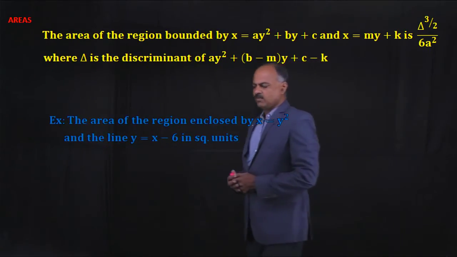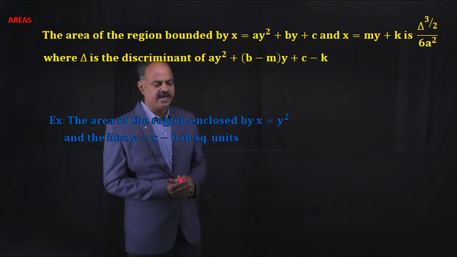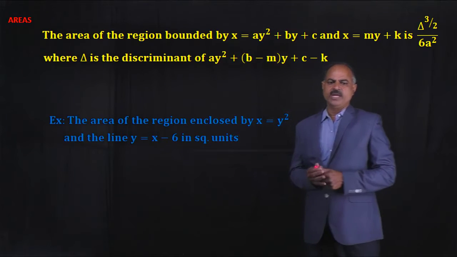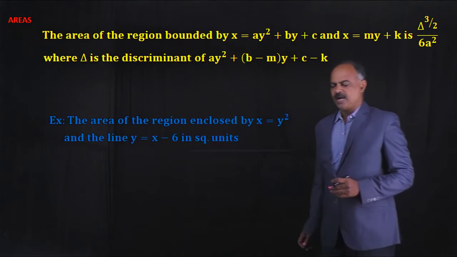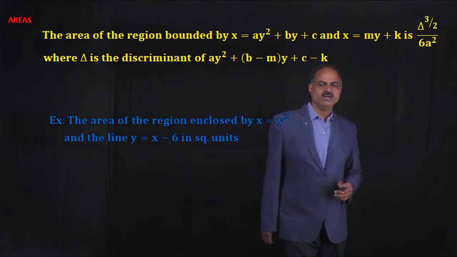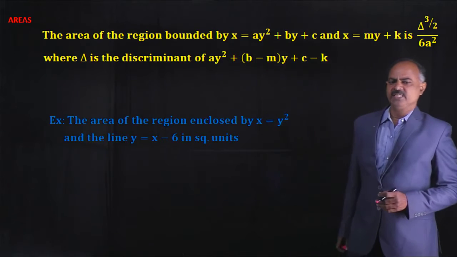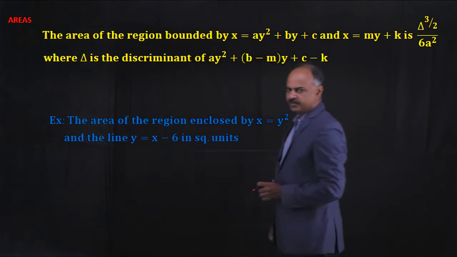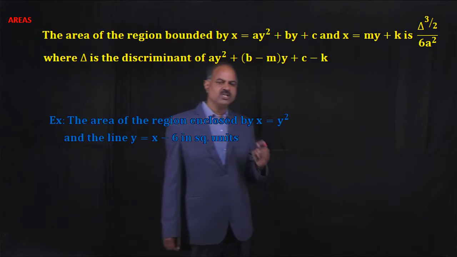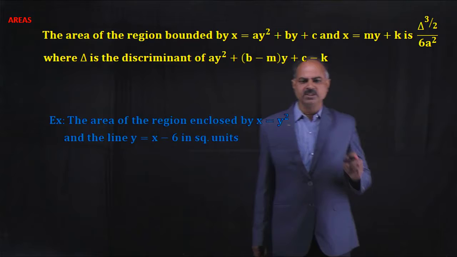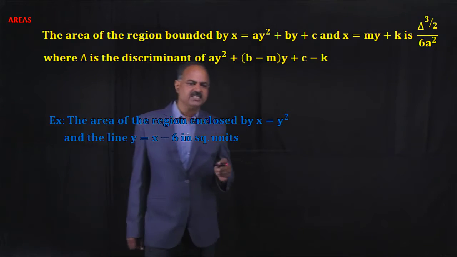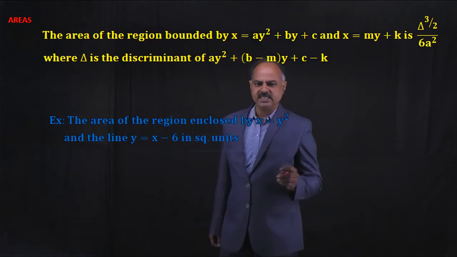Next formula: the area of the region bounded by x = ay² + by + c and x = my + k is Δ^(3/2)/6a², where Δ is the discriminant of ay² + (b − m)y + (c − k). Here, equating linear terms without simplifying and without cancelling, write Δ^(3/2)/6a². So x = ay² + by + c and x = my + k.